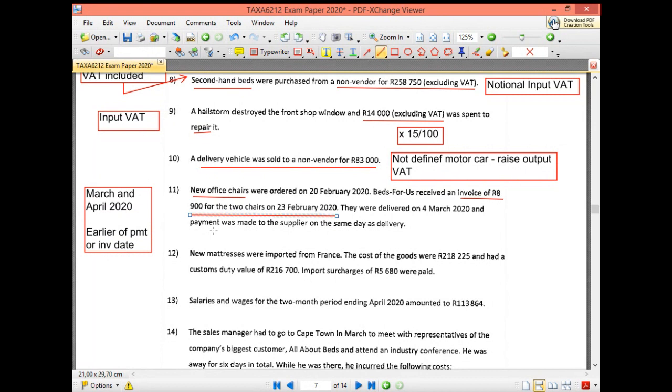Now, because we do the earlier of payment and invoice date, we would have already included this in our Feb 2020 return. So we will not have to do anything with it. What you have to do for this one specifically is you would just state there under your input VAT that this has already been claimed on the invoice date in February. So that is actually your reason, and that is why you would do nothing with it.